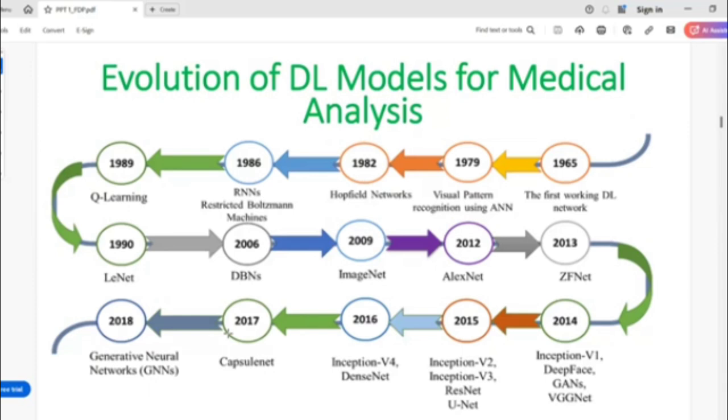Now we have seen so many CNNs, and most of us know about CNNs. We are very familiar with AlexNets, DenseNets, ResNets, VGG 16, 19, Inception Nets, Capsule Nets. Now we are seeing generative neural networks.